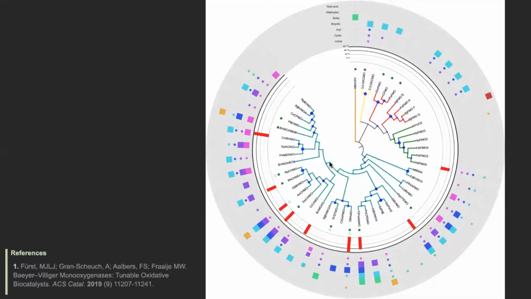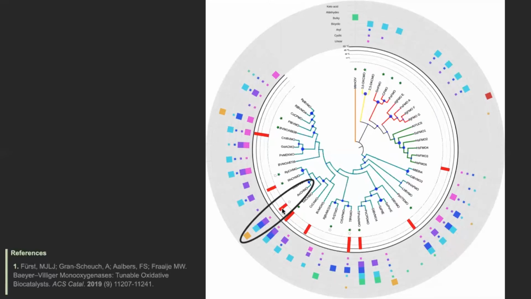And you can see that we have enzymes like CHMO, the one very well described and also mentioned before, with a very good substrate scope. So it can accept very diverse compounds.